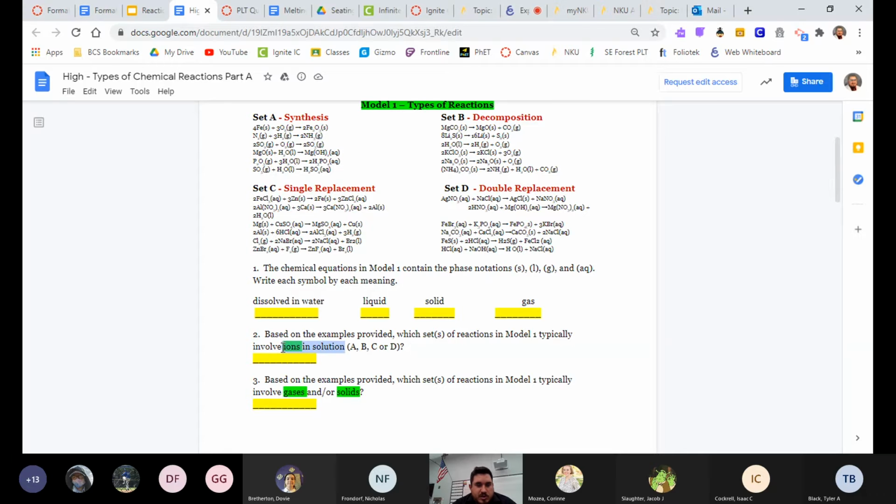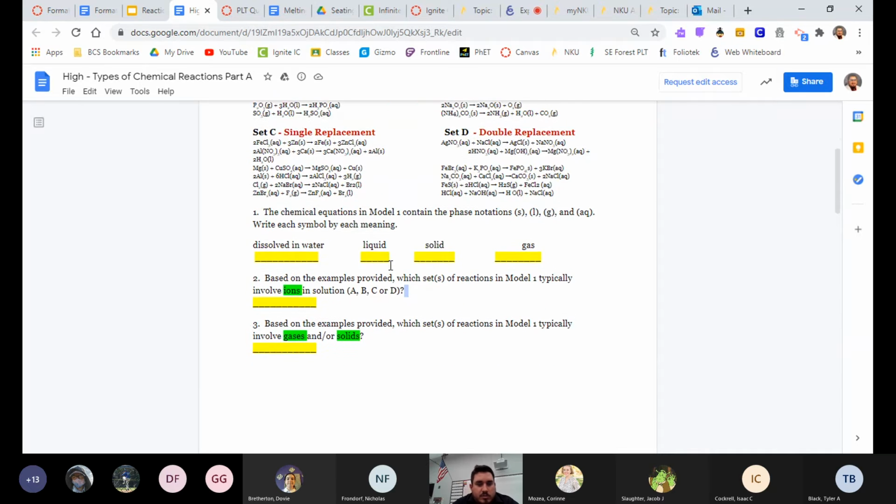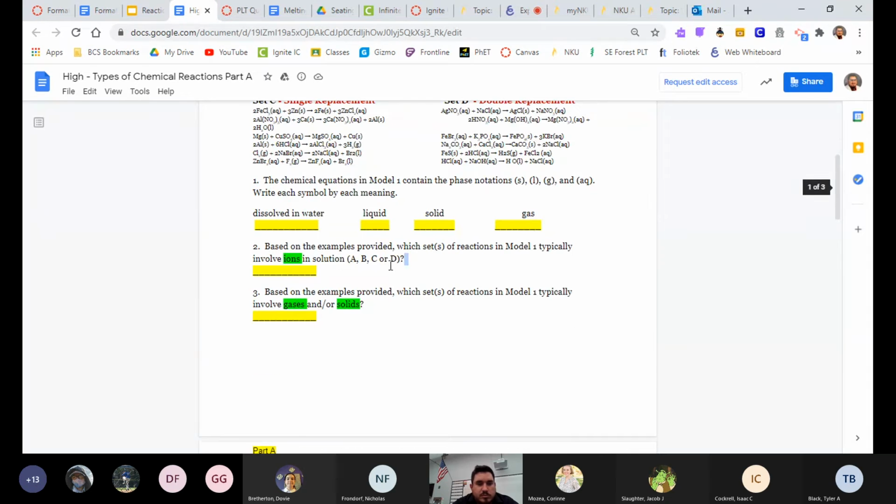Solution means it's in water. So you have a solution of something. So ions in solution mean that it's aqueous. So we're looking for ones that have a lot of aqueous with them. So set C: aqueous, aqueous, aqueous, aqueous, aqueous, aqueous. Set C definitely. Set D: aqueous, aqueous, aqueous. There's a lot of aqueous there with sets C and D. We'll talk a little more about why in a second.